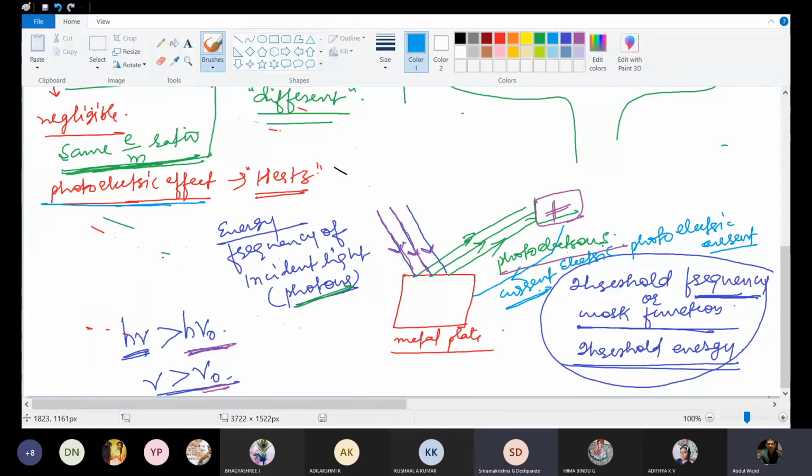Okay, sir. But why potassium? Cesium has the lowest ionization energy, but rubidium you can't take. Cesium you can take, but rubidium you can't. And why can you take potassium? Potassium also has very low ionization energy.